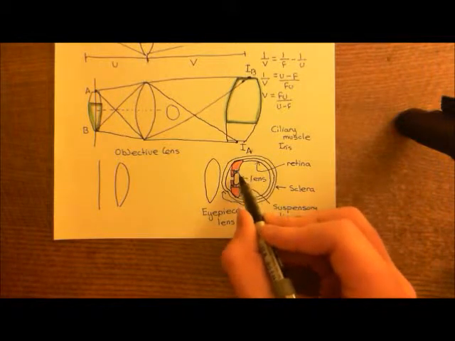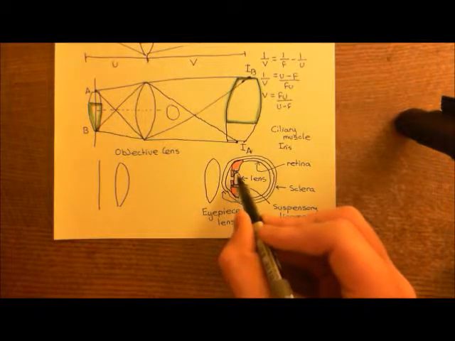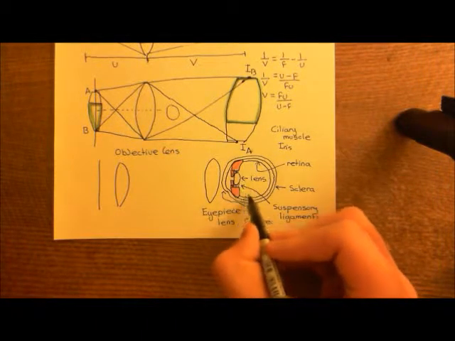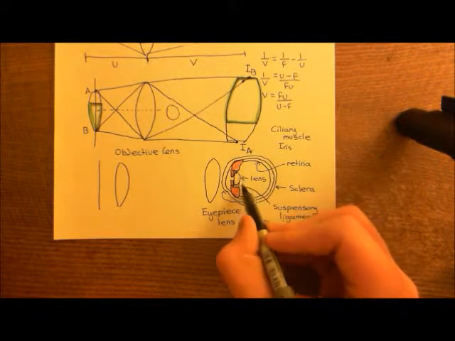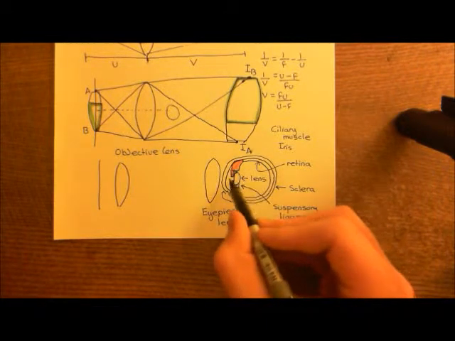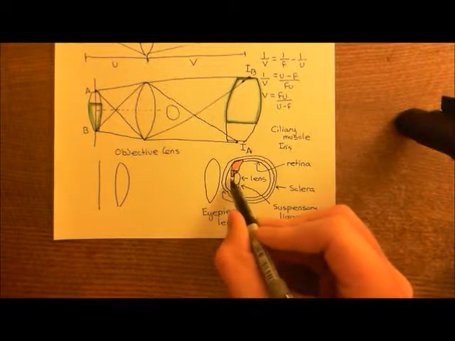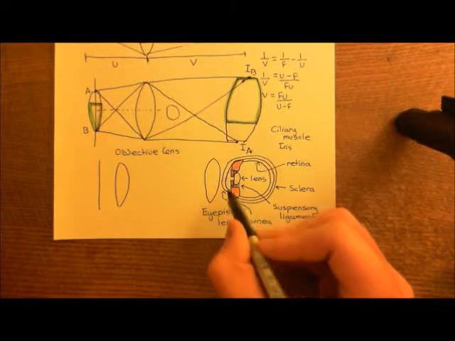And then the chamber behind the iris, behind the lens, behind the suspensory ligaments and behind the ciliary body, all of this in here, is the vitreous chamber and contains the vitreous humour, whereas the anterior chamber and the posterior chamber, which are continuous with one another through the pupil here, contain aqueous humour.